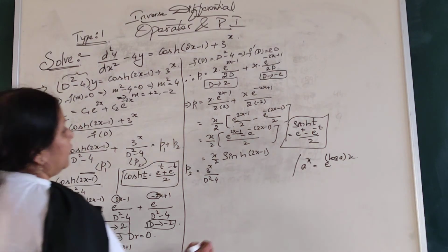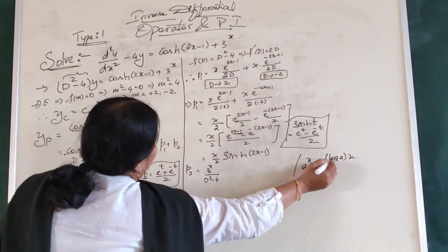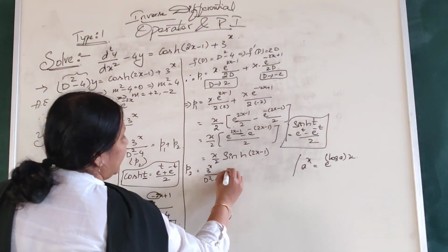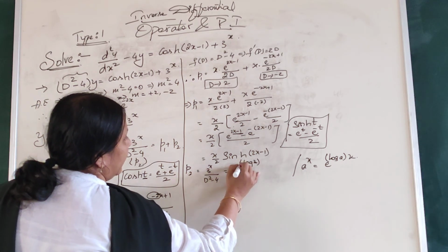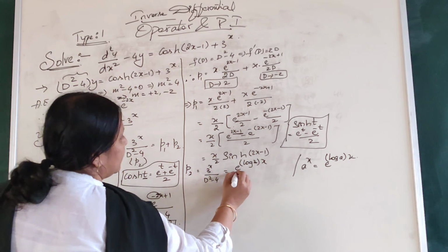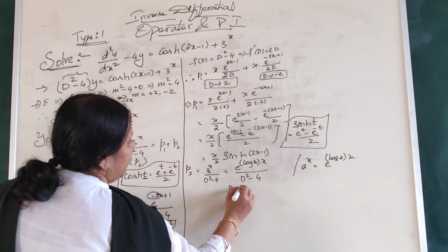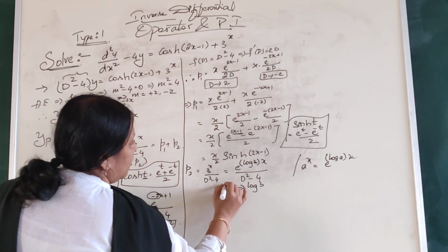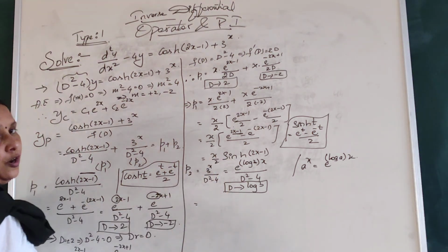So the coefficient of x will be log a here. Why? Because exponential and logarithmic cancel. Anyways, 3 power x in the same format can be written as e power log 3 into x. So the coefficient of x is log 3 divided by d square minus 4, and d should be replaced by a, which is here log 3, because this comes under type 1 exponential form.